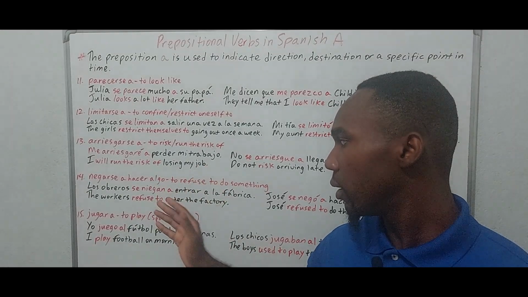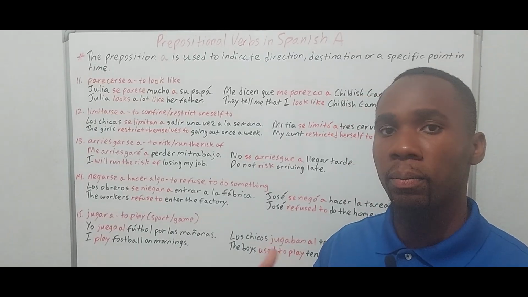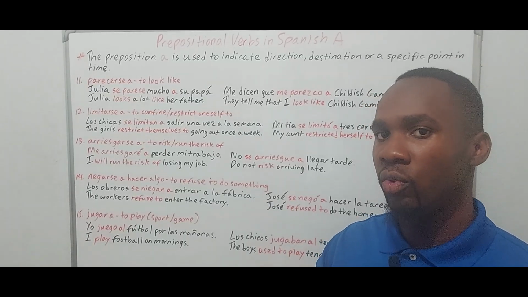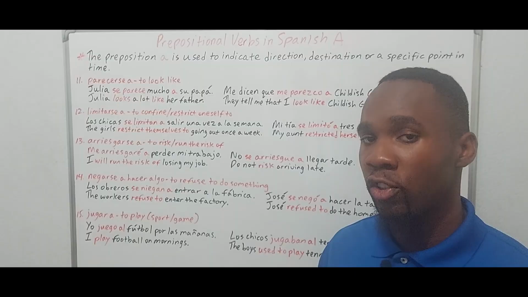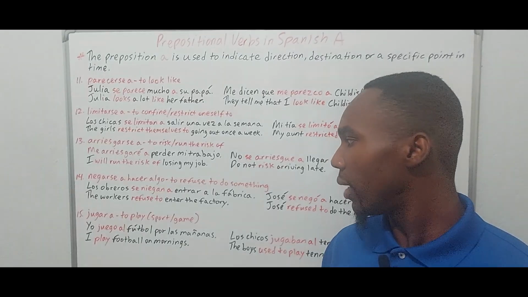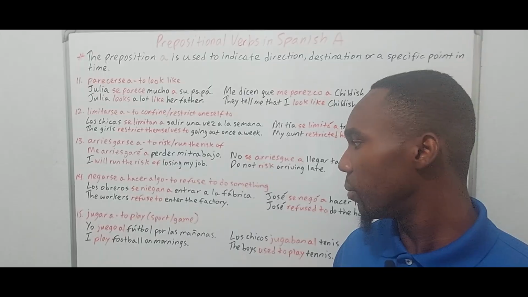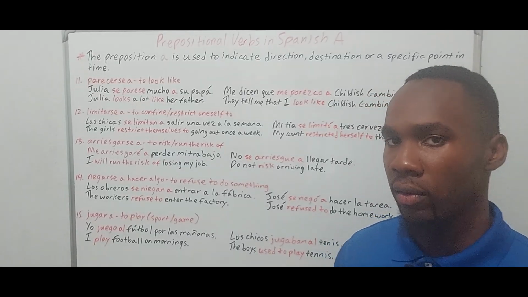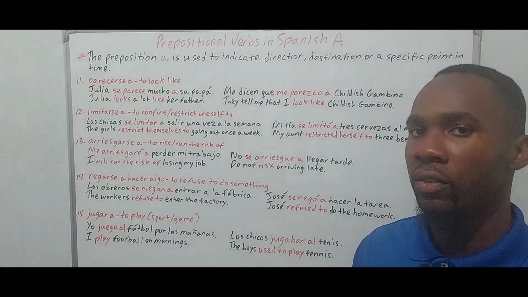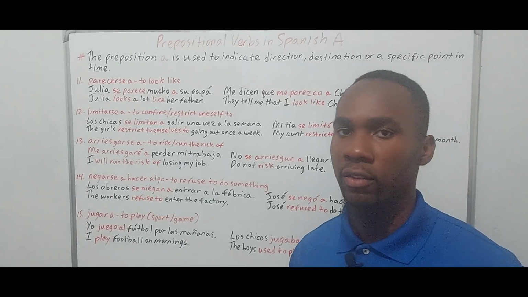Y por fin, número 15, jugar a. To play, and this is to play a sport. When we are talking about playing a sport, we use a. Right? A sport or a game. So, yo juego al fútbol por las mañanas. I play football in the mornings. Or, los chicos jugaban al tenis. The boys used to play tennis.